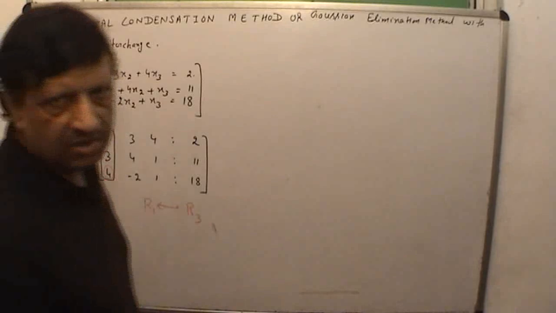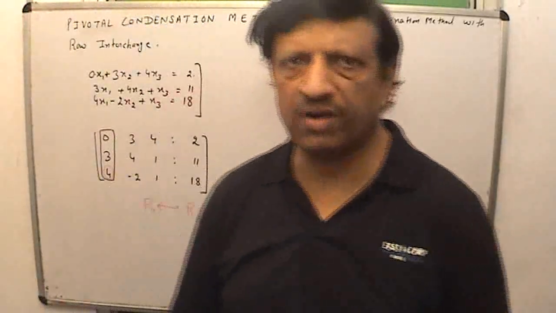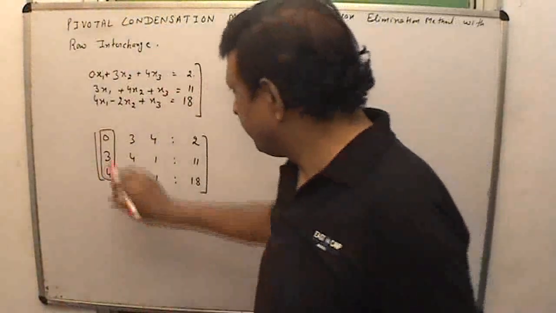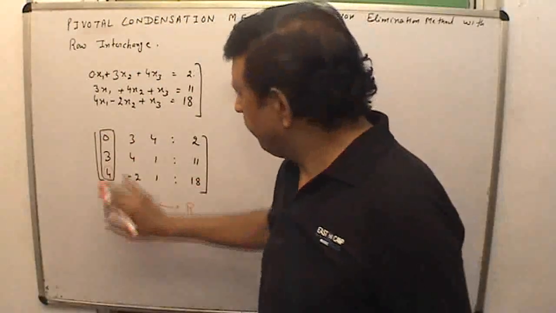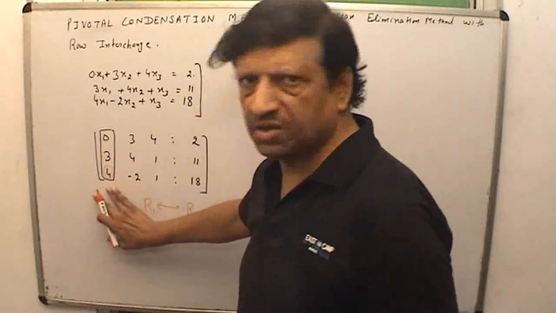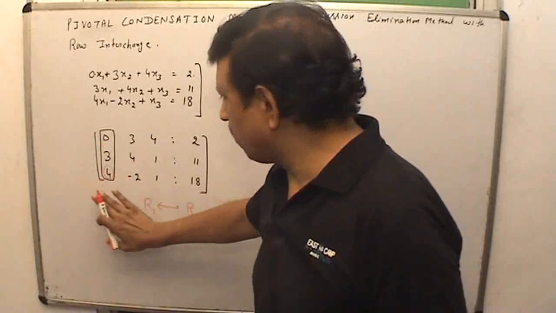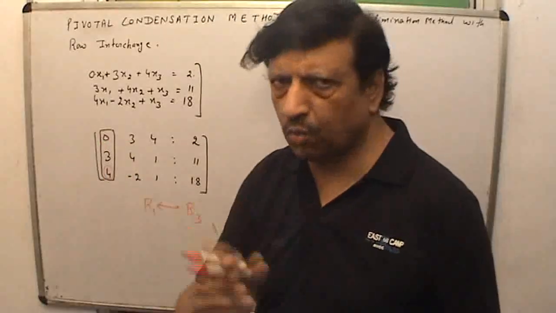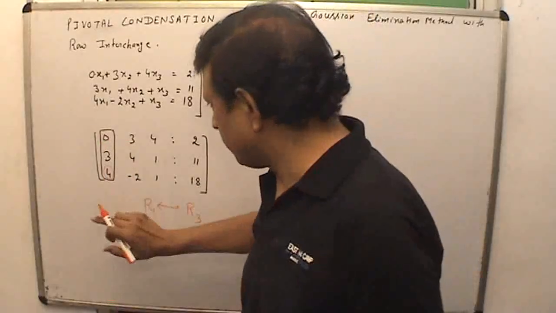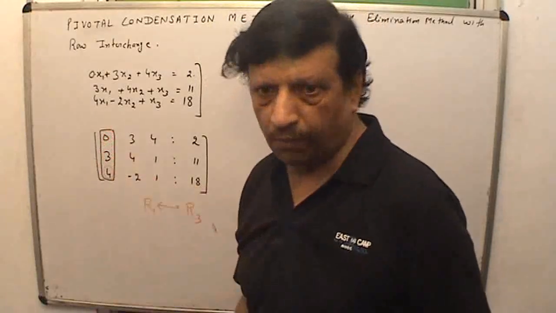Here row interchange is allowed, but under a particular condition. The condition we followed is that in the first column, we check the elements for the largest integer irrespective of the sign. Either it is positive or negative, we see only the value of the integer. We interchange that with the first row.